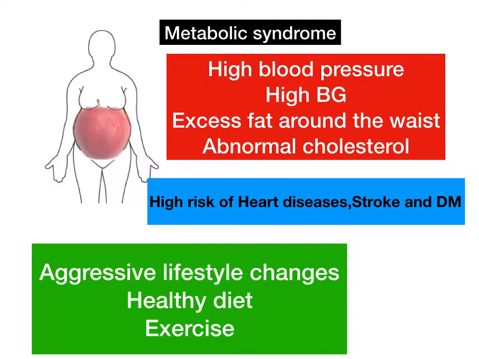This metabolic syndrome will cause a high risk of heart disease, stroke, and diabetes mellitus. And guess what? If you want to treat that or prevent the complications, you have to have aggressive lifestyle changes, including healthy diet and exercise.